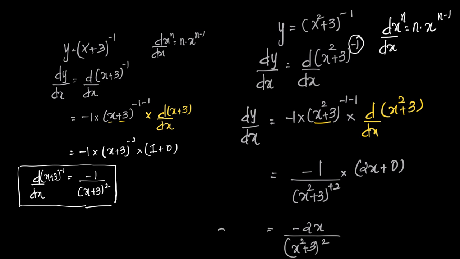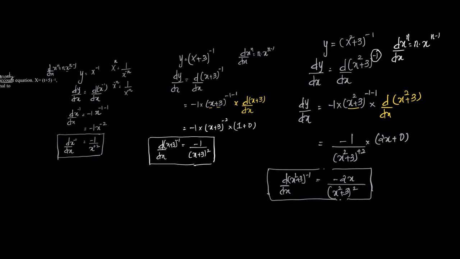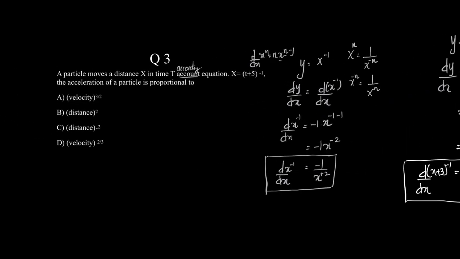So d by dx of x square plus 3 the whole to the power minus 1 is equal to minus 2x by x square plus 3 the whole square. Please watch this a couple of times, right from the first example to the third one. I hope I have given you the clarity.